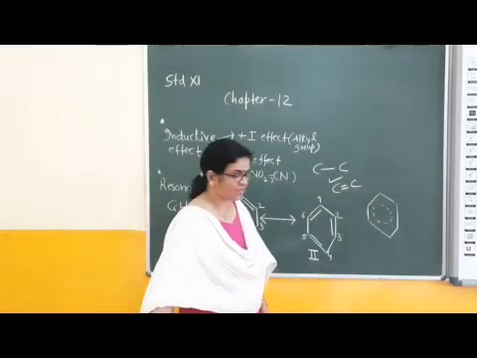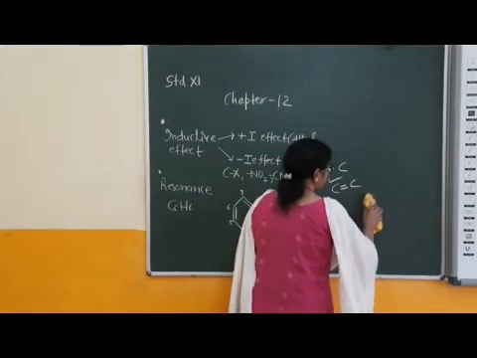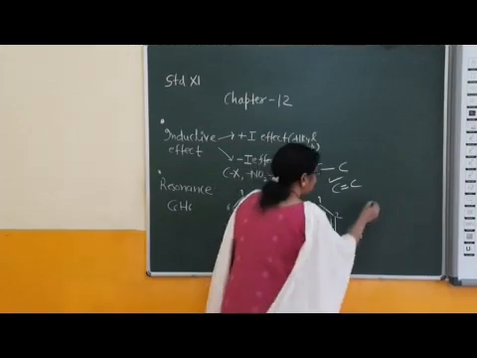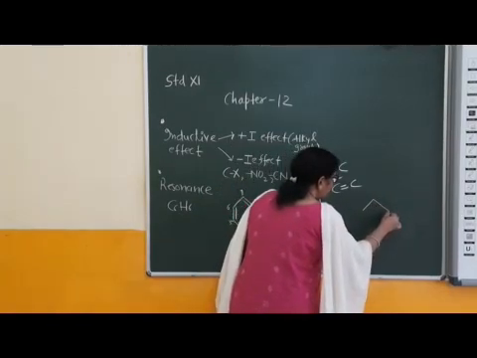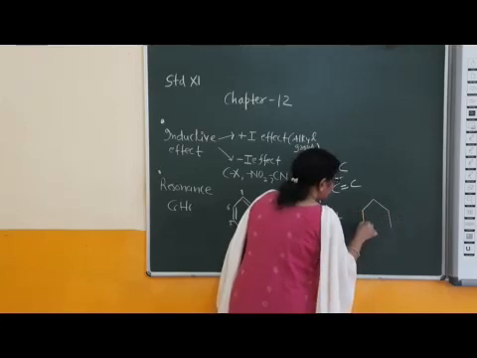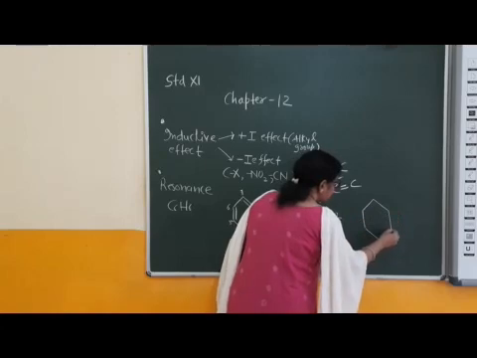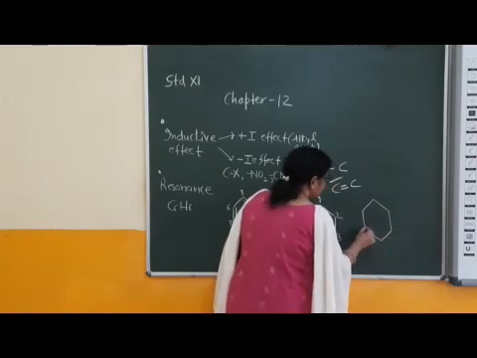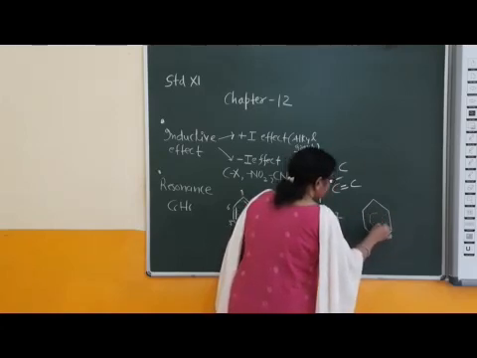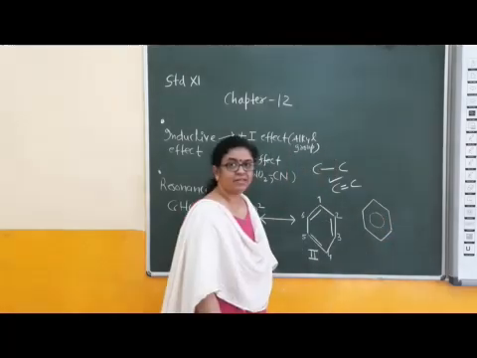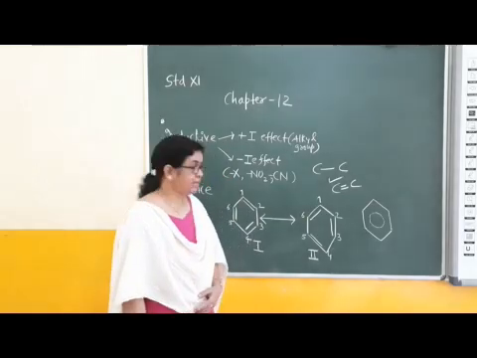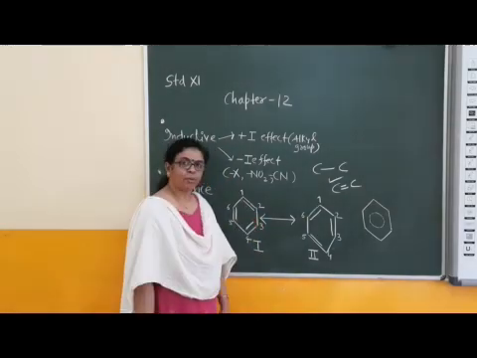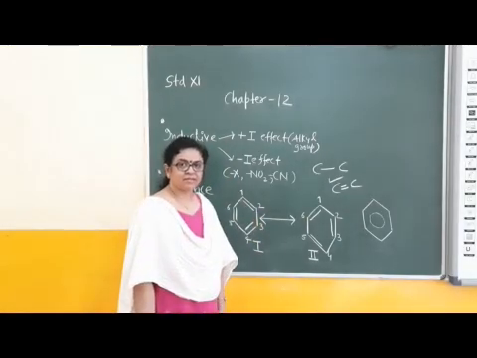If the true structure is drawn, the perfect structure, each length is equal. The shape is hexagonal and the length is equal. Okay, children? 139 picometer. This is the effect of resonance, the intermediate carbon-carbon bond length in the benzene structure.